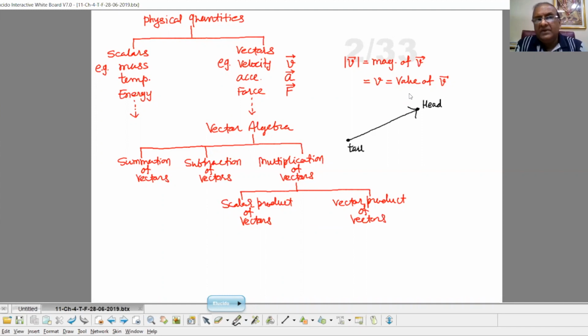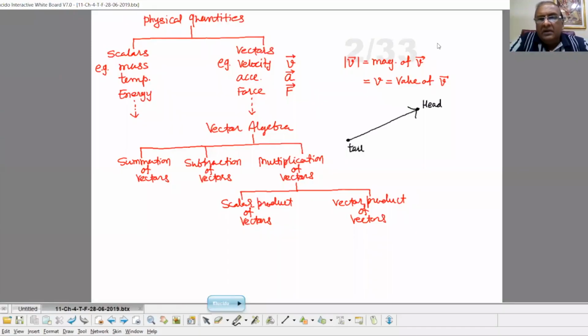Now here in practice, we require combinations of physical quantities. Combinations of physical quantities are called algebra of physical quantities.